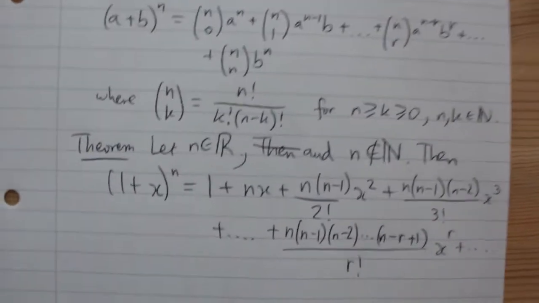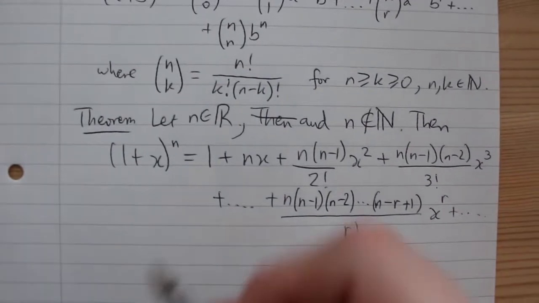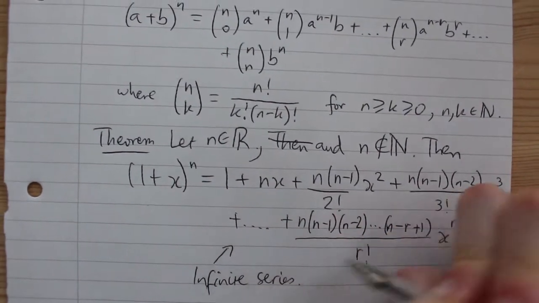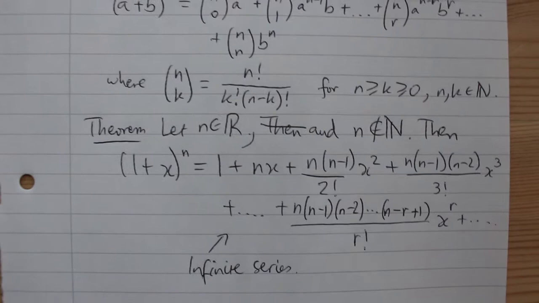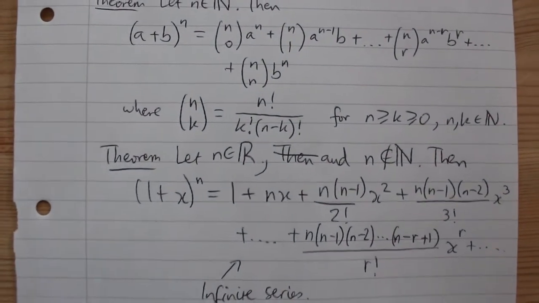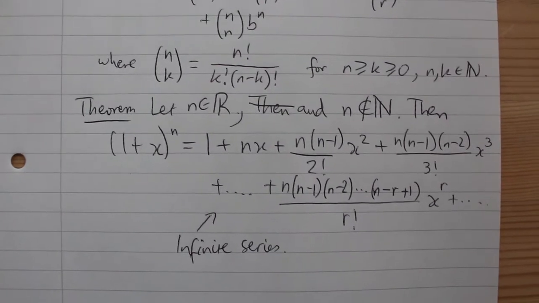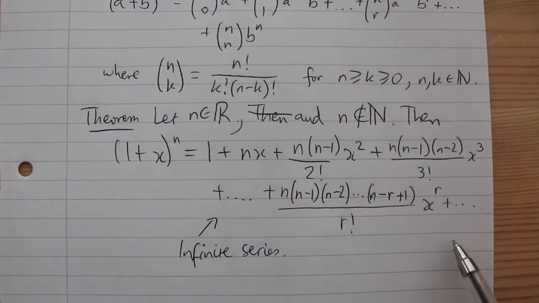And this continues forever. So this is an infinite series. It doesn't stop. So you only get a finite binomial expansion when n is a natural number. If n is not a natural number, we instead have this infinite series.